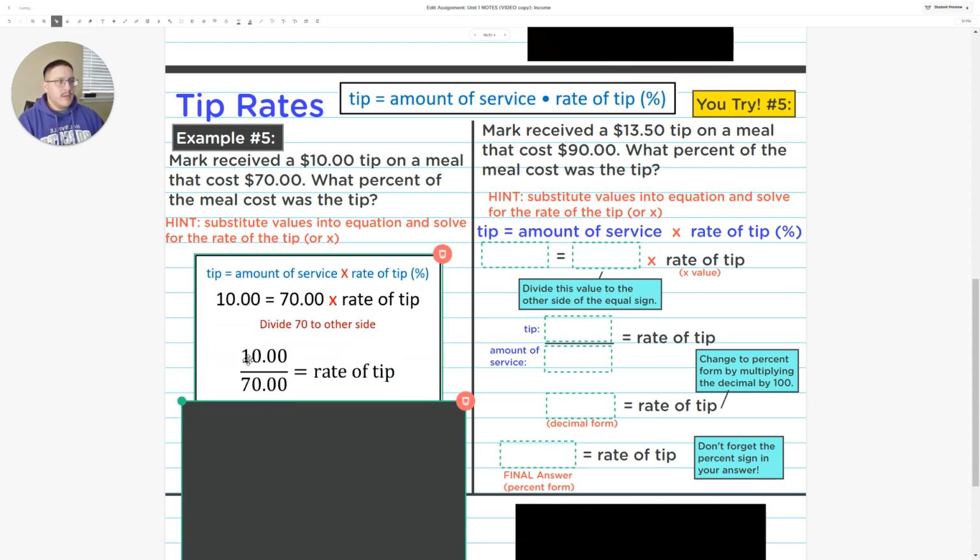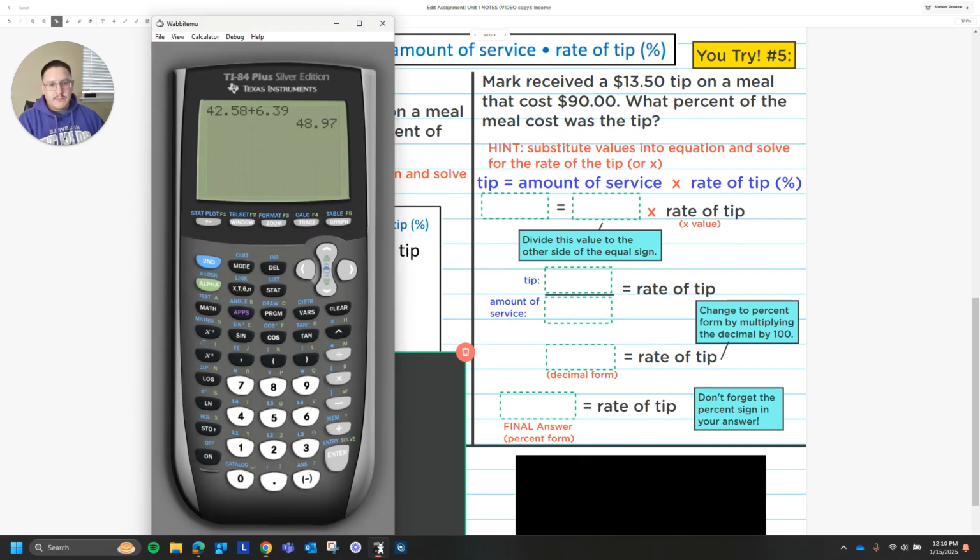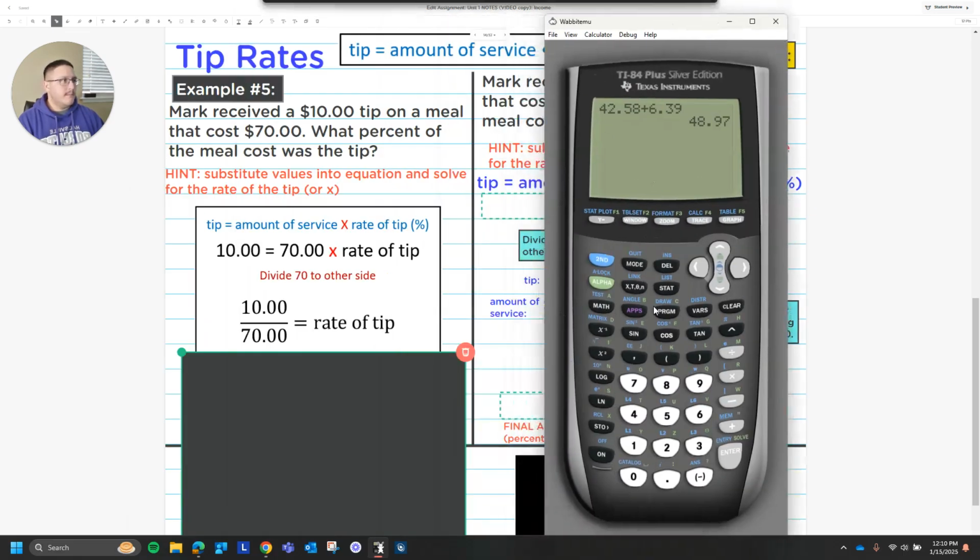So 10 divided by 70 is 0.14285, and so on. Let's change this to its percentage form. So we're going to change the decimal into a percent by multiplying it by 100.